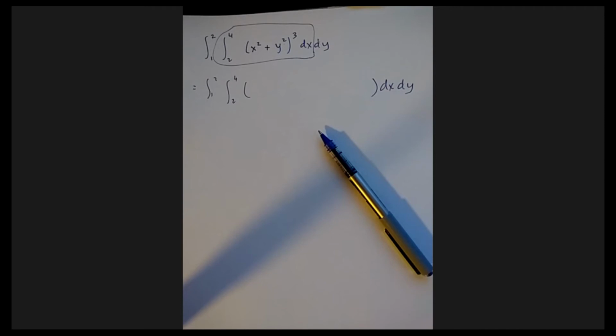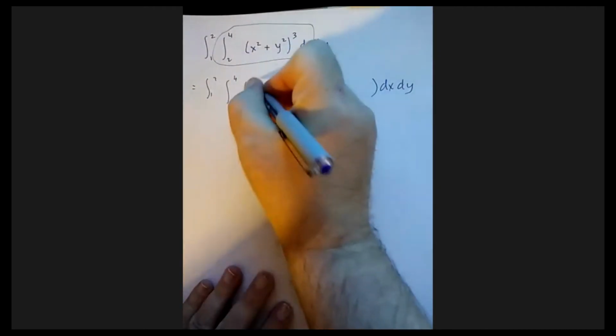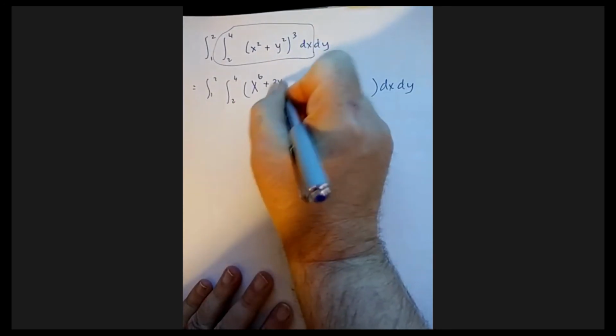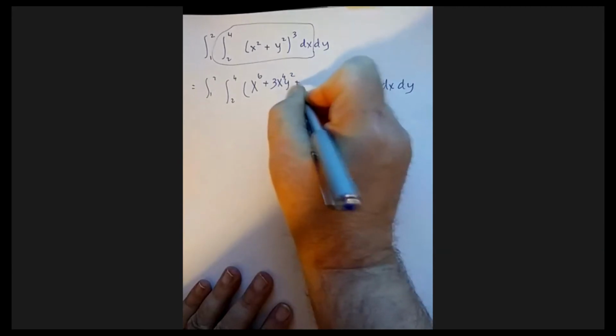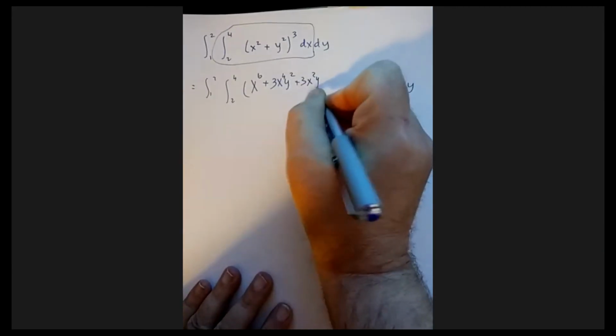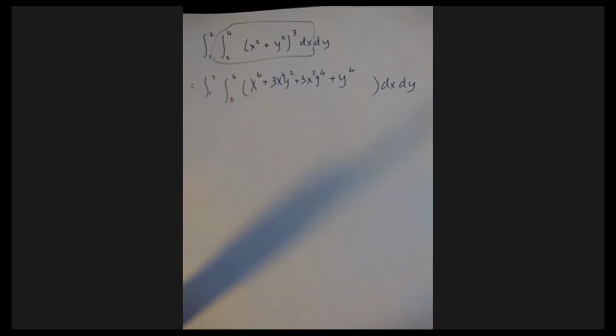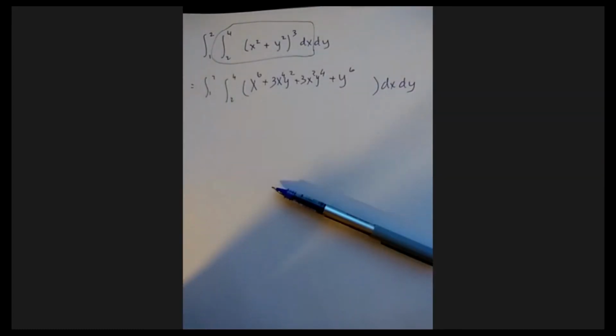And we have to deal with those issues. So do you know what you're going to have to do here is you're going to have to FOIL this whole thing out. And the answer when you get that is x to the 6 plus 3x to the 4 y squared plus 3x squared y to the 4 plus y to the 6. And you just trust me on that.